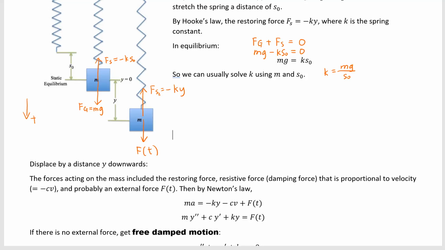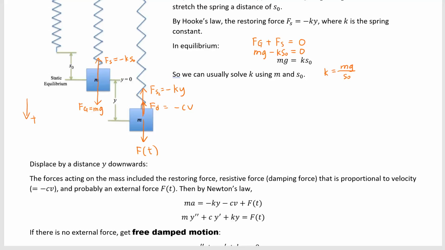And when the object is moving, we have the resistance, right? Maybe air resistance or water or liquid resistance force. That's why we call it damping force, and it's in the opposite direction of the object's motion. So we have the damping force Fd, which is negative c times v. So far, so good, everybody.